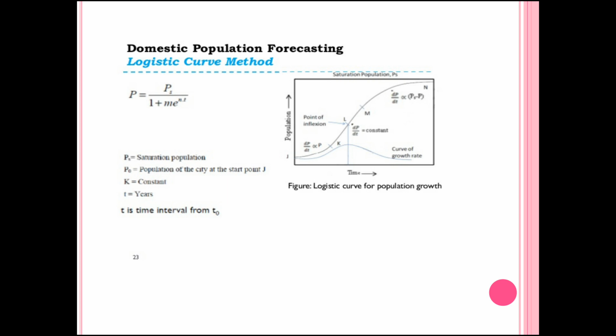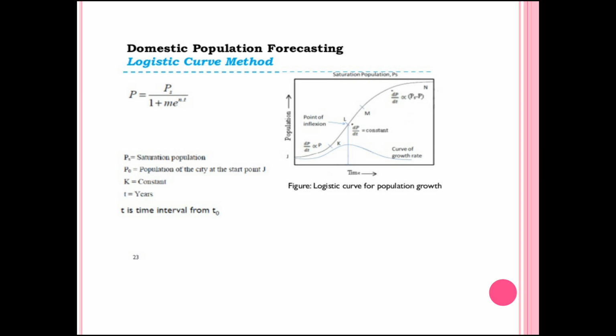The formula is Pt equal to Ps upon 1 plus m e raised to n t, where Ps is the saturation population and m is the constant, that is (Ps minus P0) upon P0.